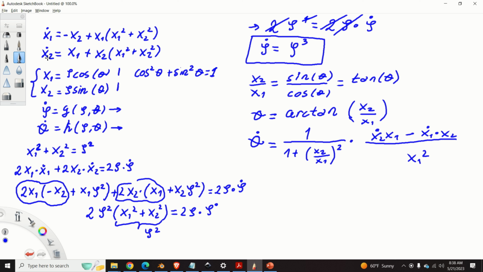After substituting the values from here, and the values for x1 and x2, and after rearranging the expression, we can obtain that theta dot is equal to 1. And this is our second equation. To summarize, our original complex system in new coordinates has a relatively simple form. Rho dot is rho to the power 3 and theta dot is equal to 1.